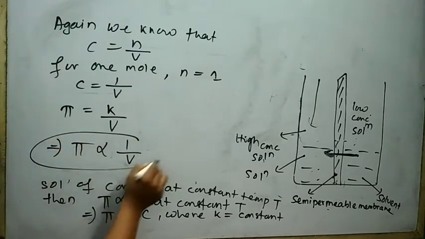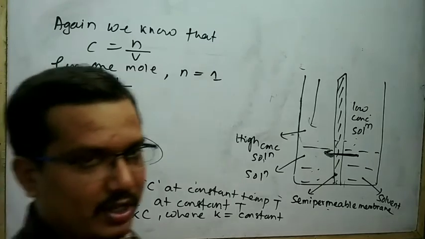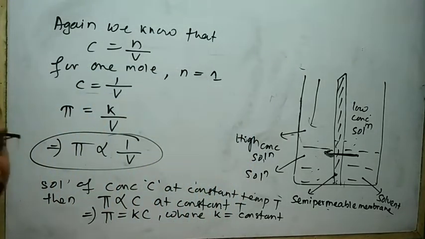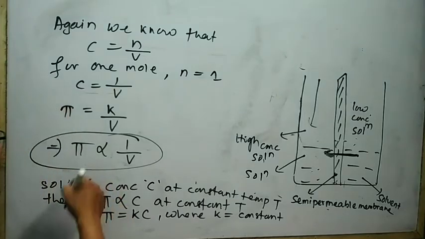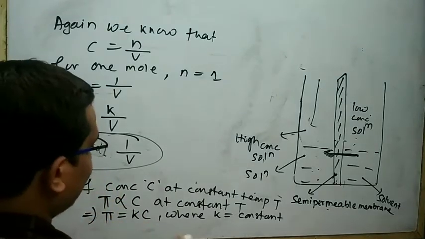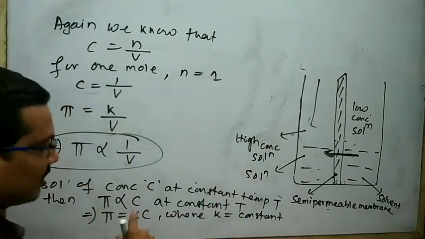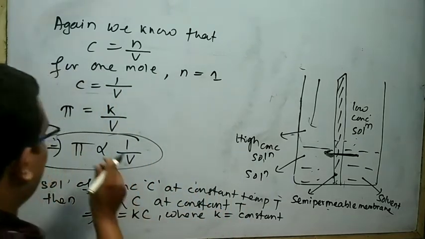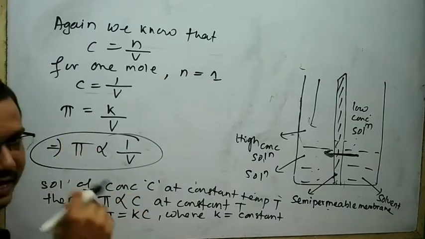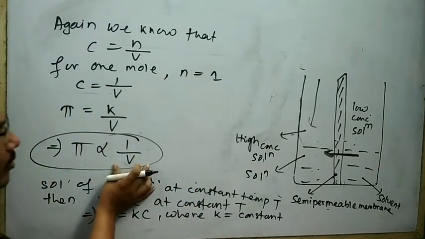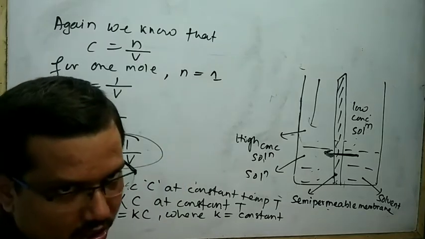From this relation, I can also give another statement of Boyle-Van't-Hoff law. According to this relation, the statement of Boyle-Van't-Hoff law is: at constant temperature, the osmotic pressure of a dilute solution is inversely proportional to the volume of the solution.